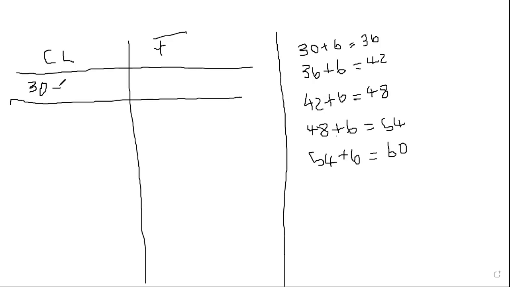We cannot say my upper limit will be 36, because 36 is the next lower limit for the second class. I cannot say 36 can be my upper value here, because it will complicate your values at the end.